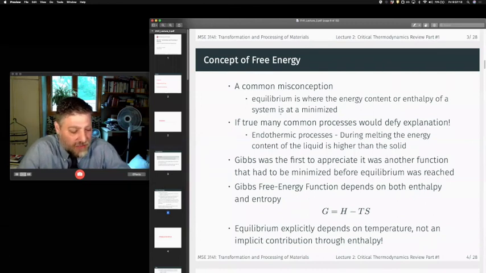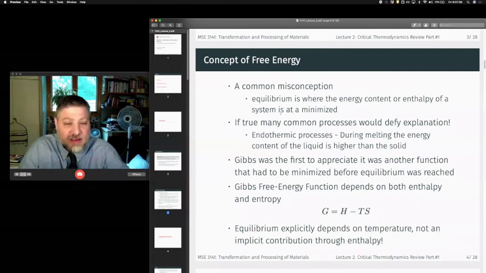I'm sure everyone had Professor Akbar, who's been teaching thermo for a long time. Everyone knows Gibbs free energy. And the first thing when anyone asks you anything about what's happening in a material system, your first answer should be Gibbs free energy.